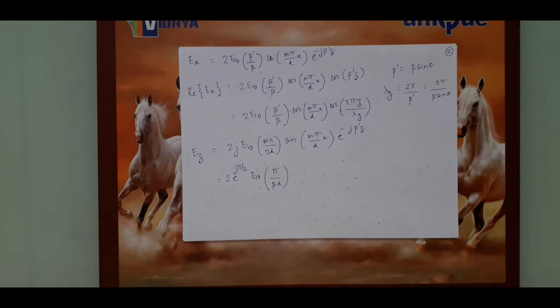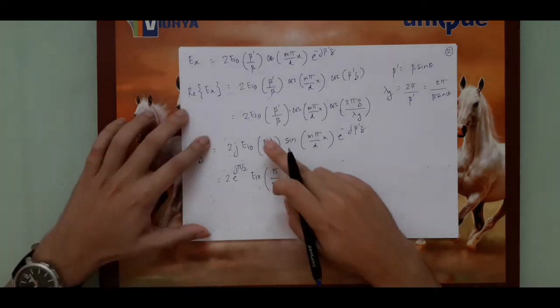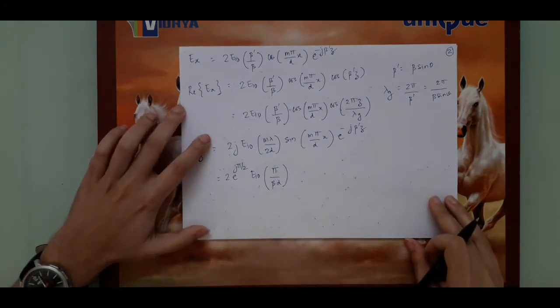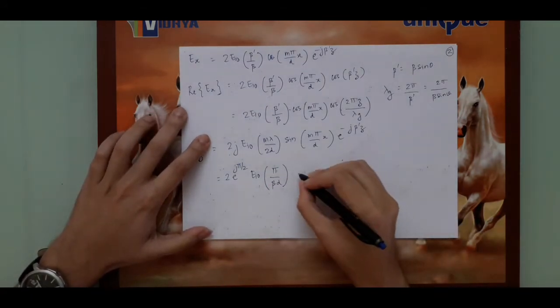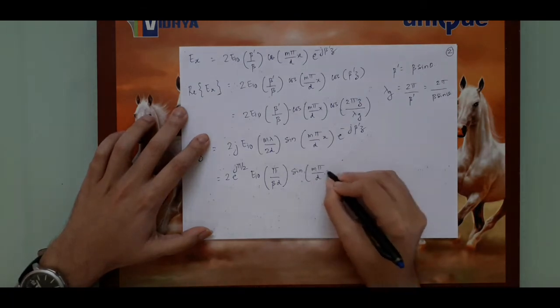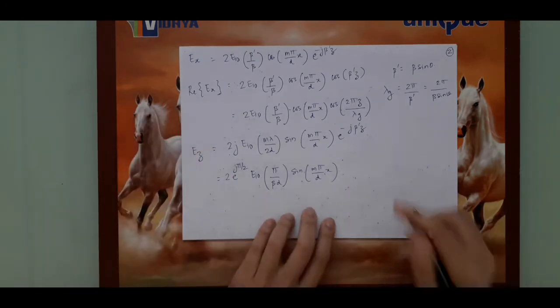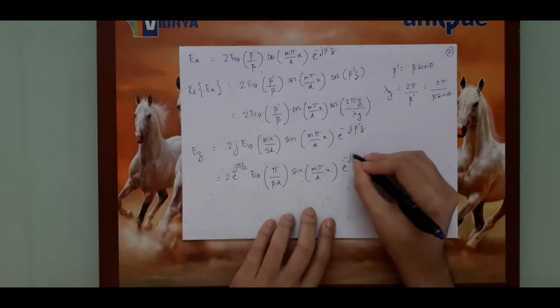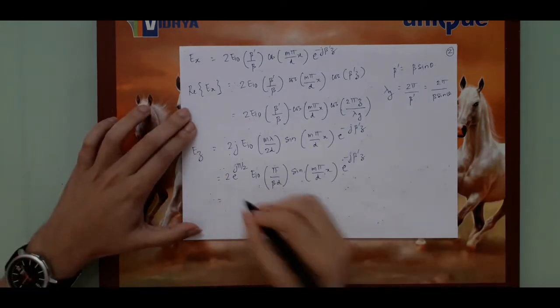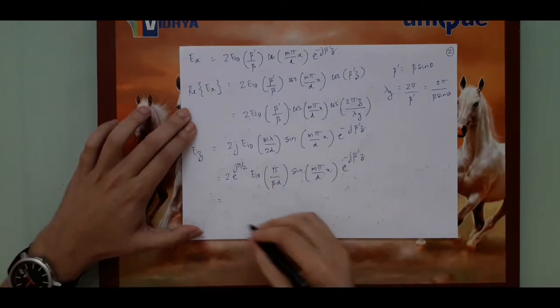Can I write this? Yes, I think I can write this. We have already seen the relationship between m lambda by 2d and beta, and that is the way I am writing it. So now the other thing will be sine m pi by d x times e raised to minus j beta prime z. So this I can now write by combining these two terms.